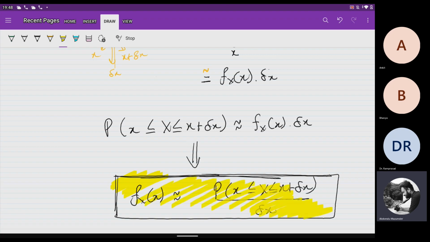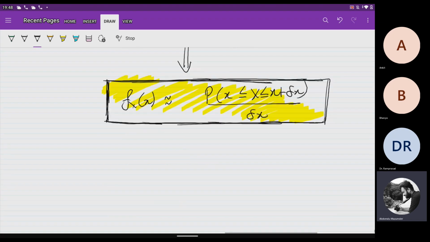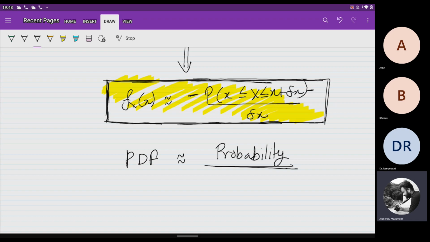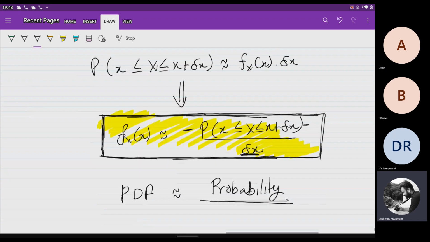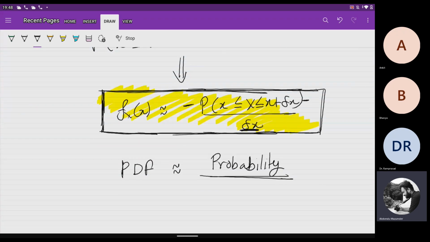You know what this formula signifies? The formula says that I have a PDF which is approximated as some probability. This thing is probability, right? And what is dx, delta x in this curve? It's sort of a length, right?